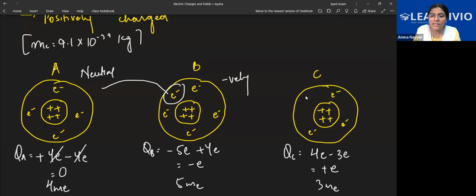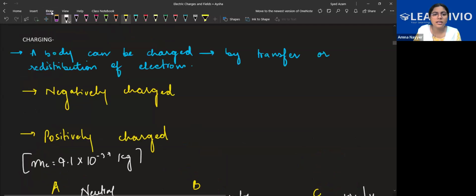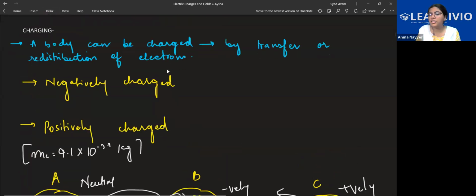And suppose we removed 1 electron from this neutral body. This created a deficiency of electrons, that means a positively charged body. You can see that from the calculations also. So what is happening? The mass is now also 3 times m. So the questions that can come in your exam are just basic questions. When a body is negatively charged, what do you need to remember?